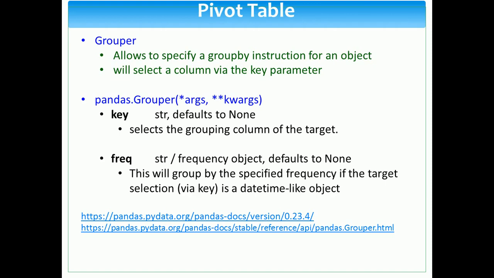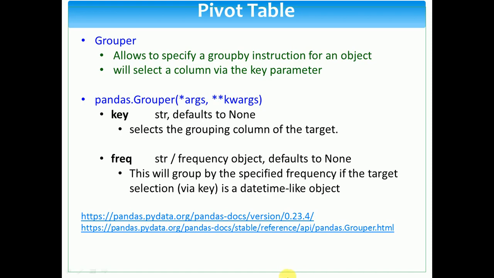Let's now try to understand what a grouper is, because we need to make use of it as part of our demonstration. Grouper, as the name says, is going to group. It allows you to specify a groupby instruction for an object. That means you can group a few rows and then do a sum or whatever on them. The grouping instruction is related to some criteria, which is why it is called an instruction. Then it will select a column via the key parameter. Grouper is a pretty big function.